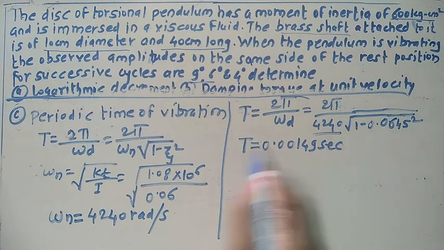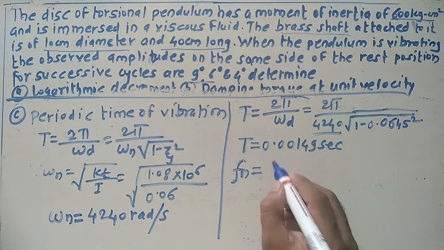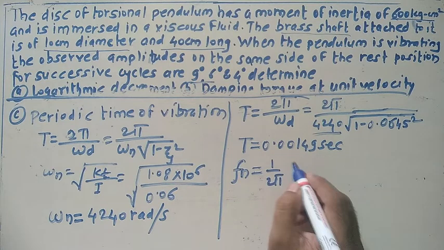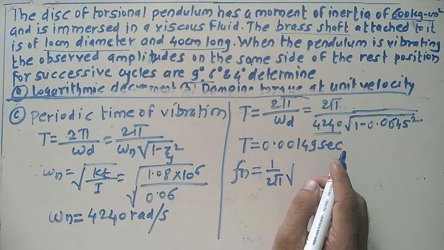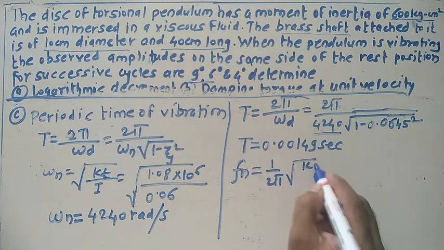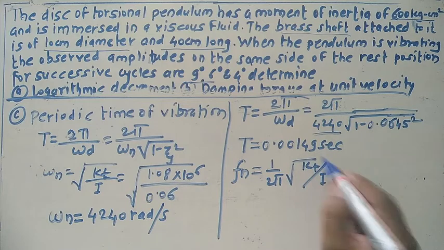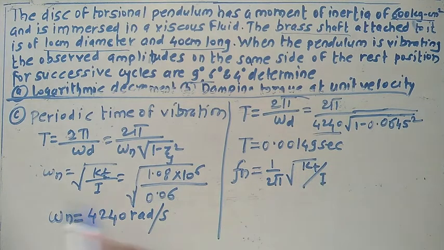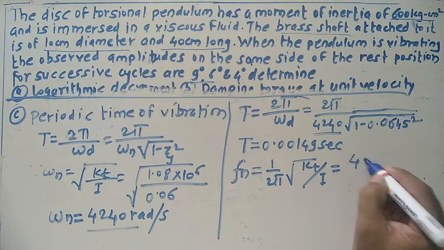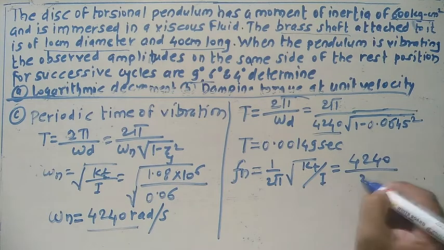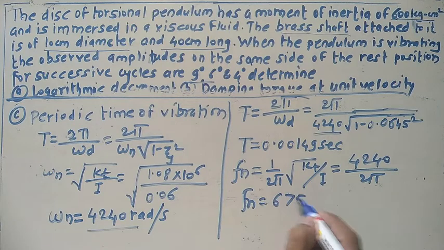If you want the frequency in hertz, it is the frequency in radian per second, which we already have, divided by 2 pi, so we get 675 hertz.